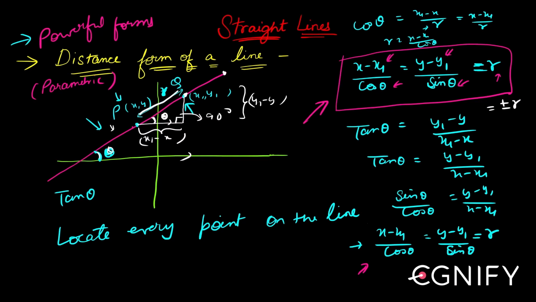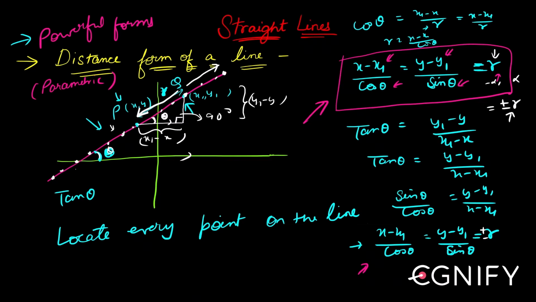You might also have a point which is at a distance r on this side. So there's nothing wrong in writing plus or minus r. What I mean to say is that if I keep changing r from minus infinity to infinity, I'll keep getting different points. For every point there will be a unique r. So this is what you mean by the distance form of a line, the parametric form of a line.